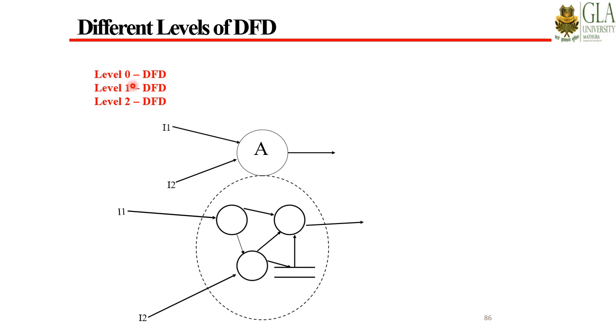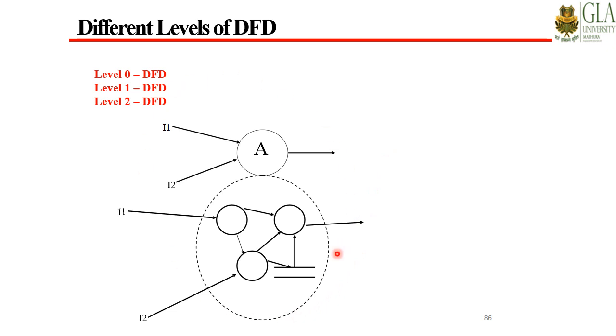Level 0 is the initial data flow diagram that we will require to draw. Next, level 1, where further, more detailed information will be specified. Next, level 2 DFD: if required, we can further draw the level 2 DFD, where the information is specified in a more detailed way in a pictorial or graphical form.